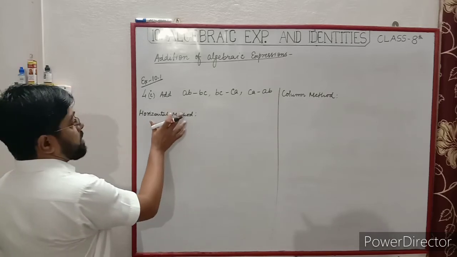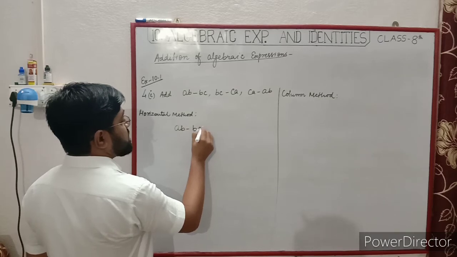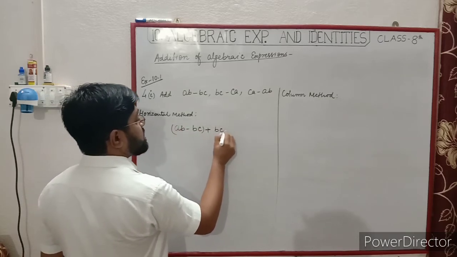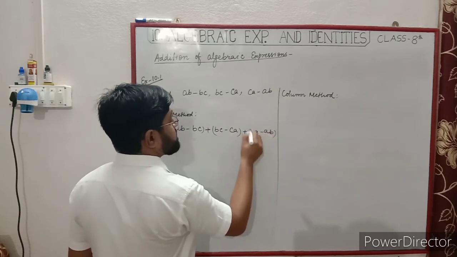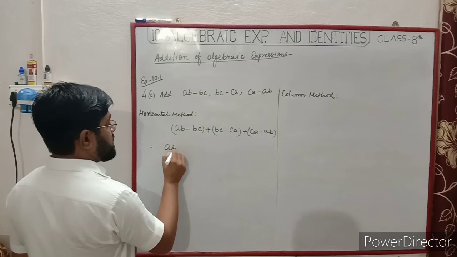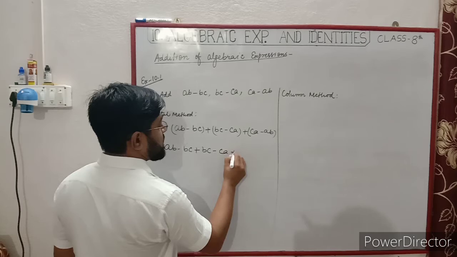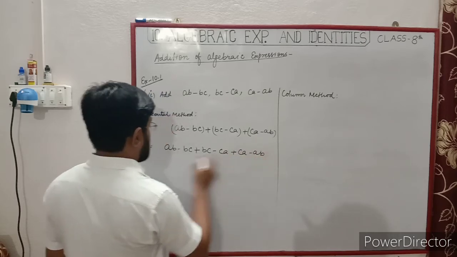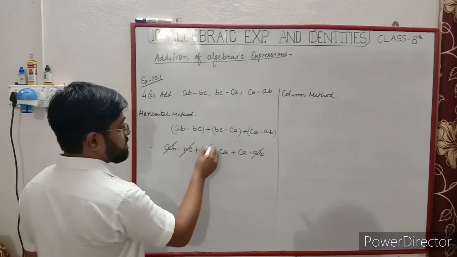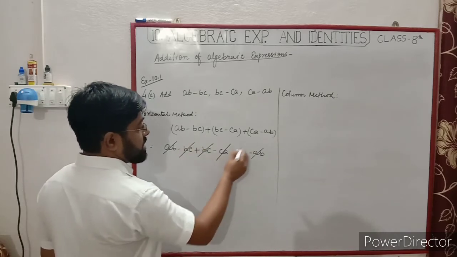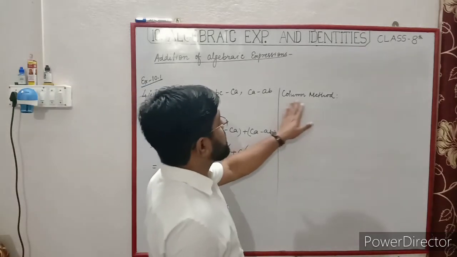So first by the horizontal method: AB minus BC plus BC minus CA plus CA minus AB. Now plus AB minus AB cancelled out, minus BC plus BC cancelled out, minus CA plus CA cancelled out. So we have 0.